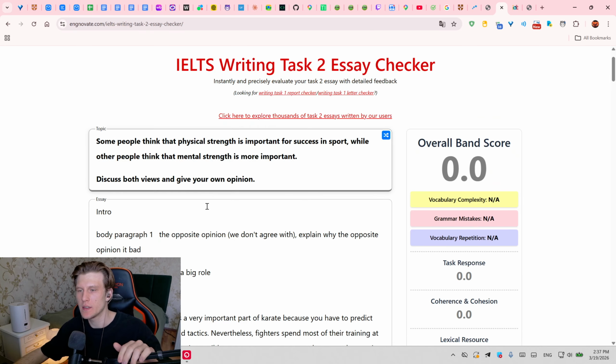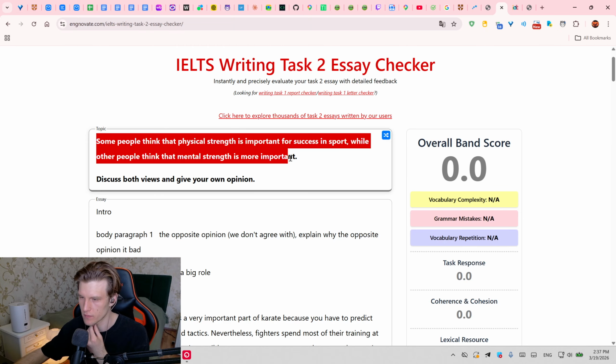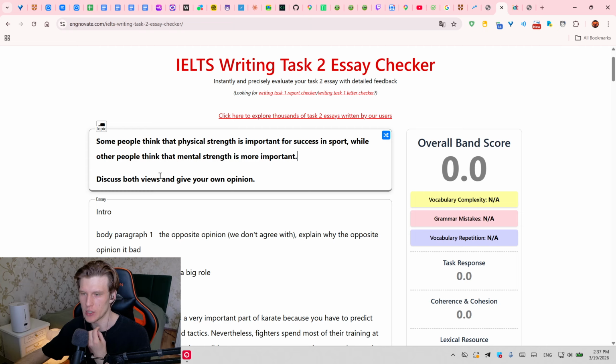And always, my advice, always look back at the title every now and then, because you might have missed some things when you first read it. Sport. Strength, okay, it's physical strength, specifically physical strength.